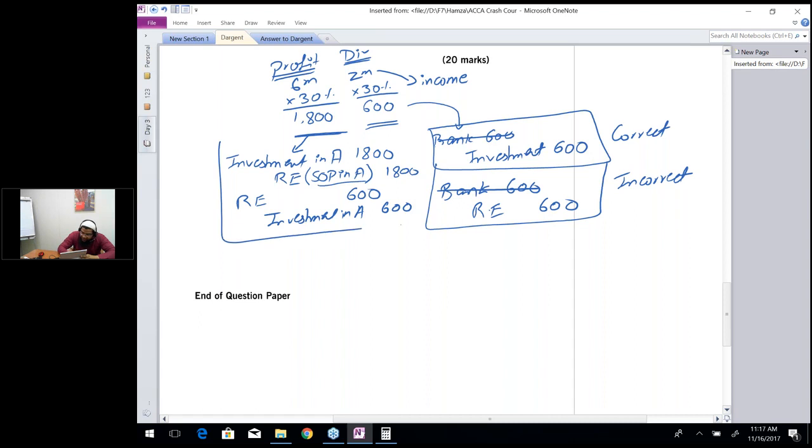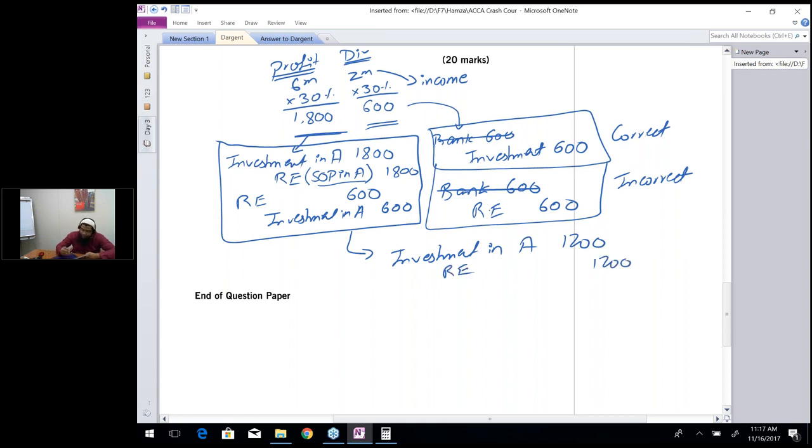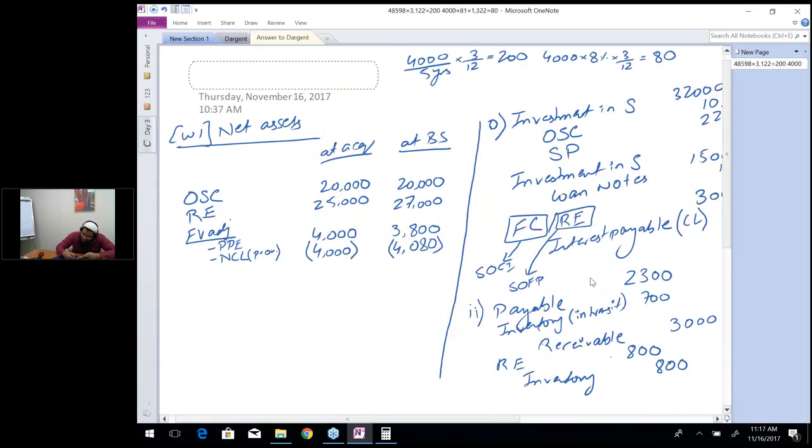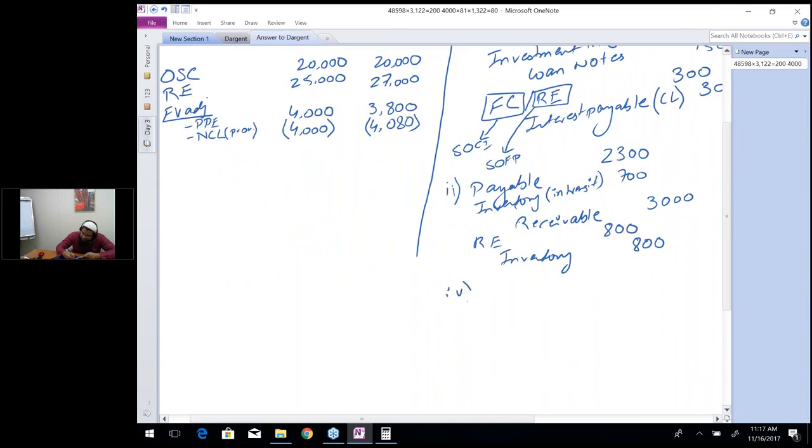So now if I prepare the final entry in the answer, I can prepare a net entry of 1200. Investment in associate debit by 1800, credit by 600, the net impact is 1200. So the net impact of this entry is investment in associate debit by 1200 and the retained earnings credit by 1200. So this is the final entry that I'm posting over here, which relates to adjustment number 4.